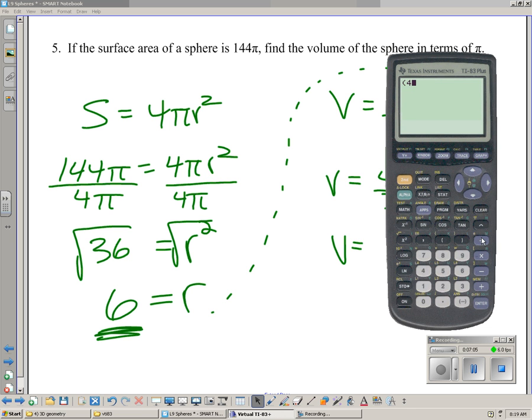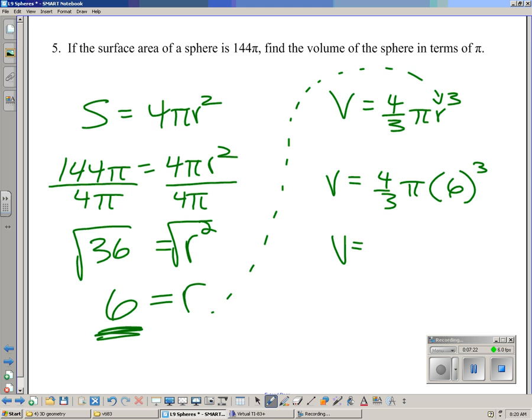So it's just a combination of doing the, whoops, this calculator is not working right. Here we go. 4/3 times 6 cubed. And we get 288 pi, which we already knew. So it's kind of a combination, and there are no units attached to this because they didn't give us any units to start with.